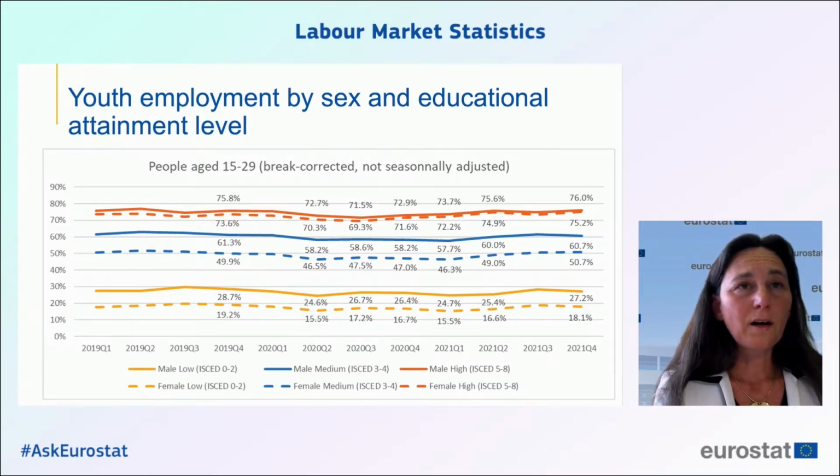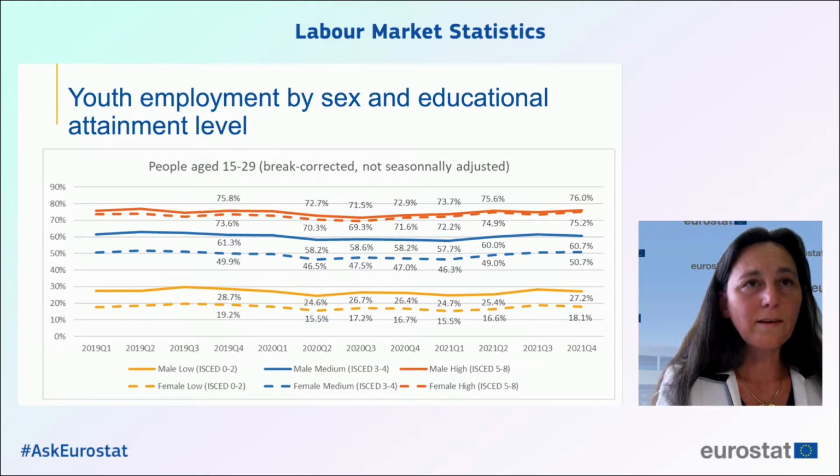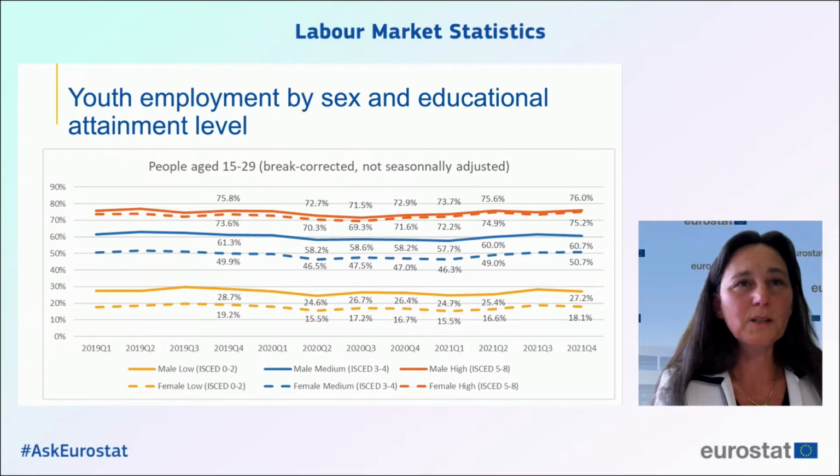So here we can see that for the people with higher education, it was mostly the third quarter of 2020 that was the worst, while for people with medium or low education level, they were mostly hit in Q2 2020.